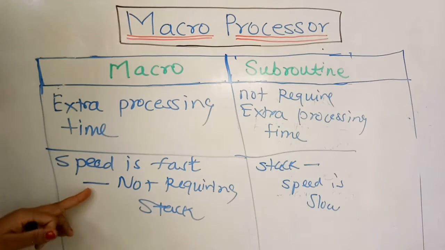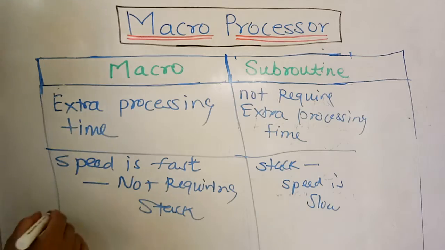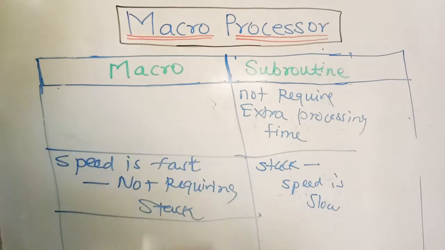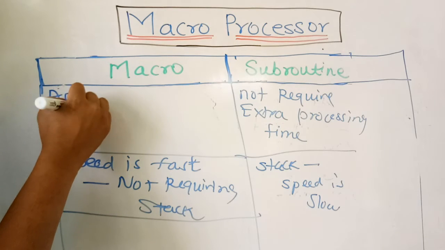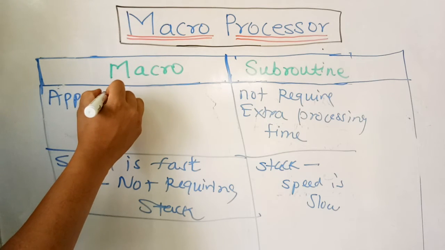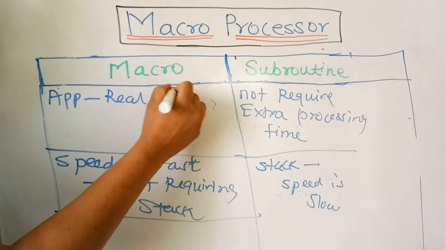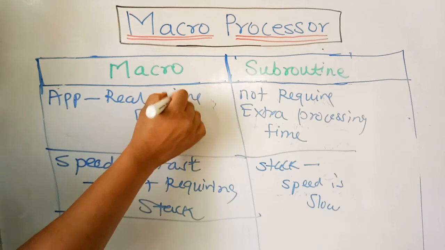A macro is suitable in a real time environment because of the speed. What is a real time application? It is suitable in a real time environment.